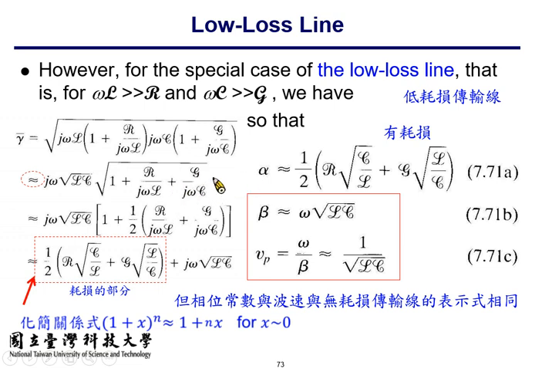In fact, you should have the fourth term, which is the product of R over j omega L and G over j omega C. However, because this is the product of two small numbers, it becomes an even smaller number. So that's the reason why we drop the fourth term.